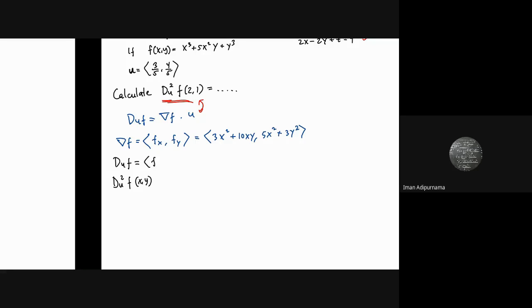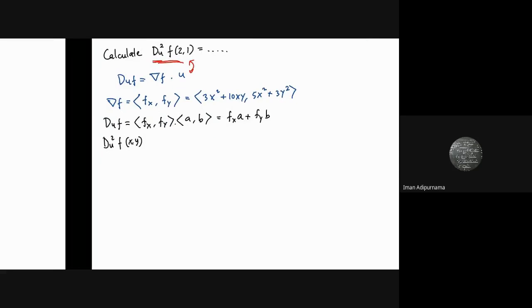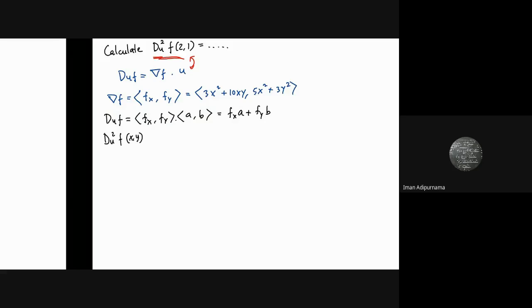This will be partial x, partial y, and let this u become just a, b, to see how the form looks like, and this will be dot with a and b, or we can write this as partial x a plus partial y b. This is similar to what we have done in proving the determinant on the maximum minimum value.